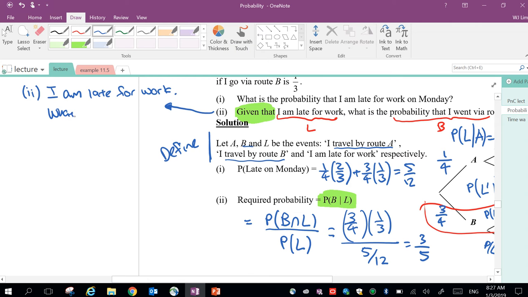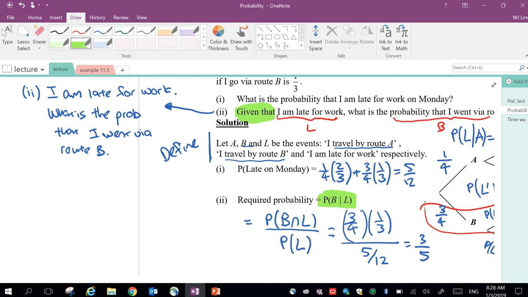What is the probability that I went via route B? It gives you a statement, I'm late for work, full stop. What is the probability that I went to work via route B?